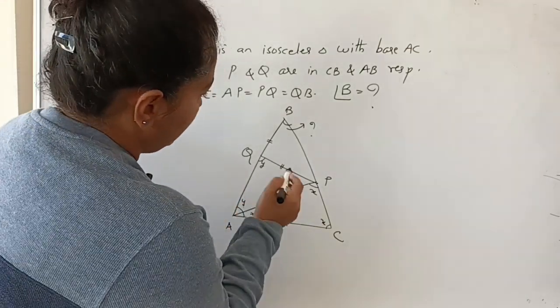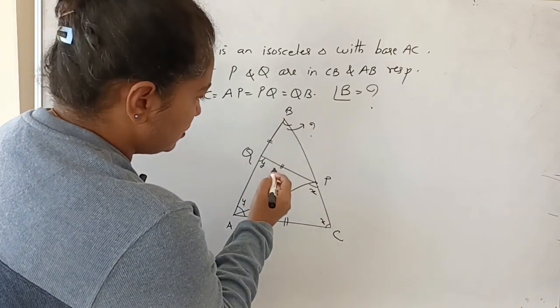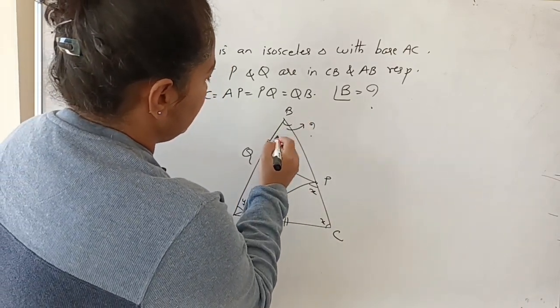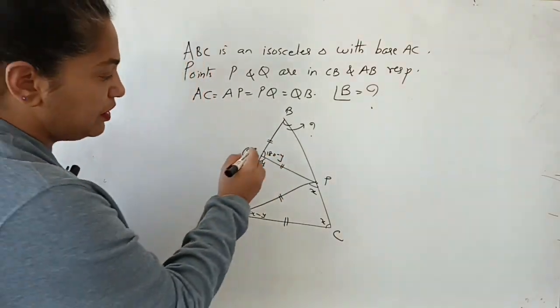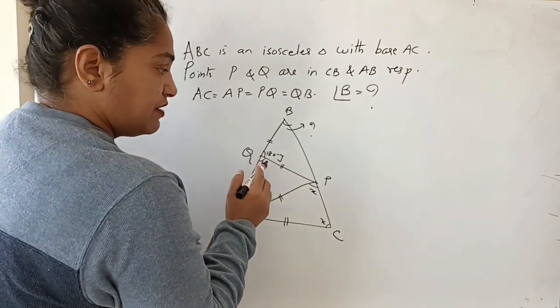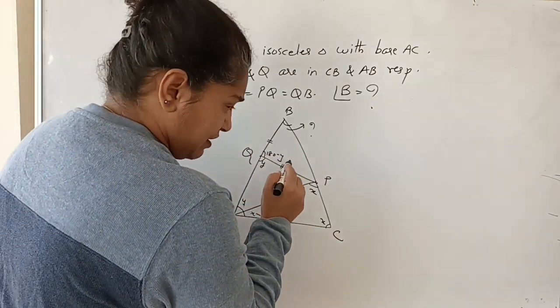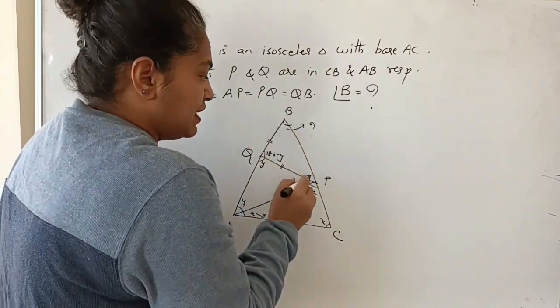Right? Now, this side QP is equal to QB. Correct? Now, this is 180 minus y, because this forms a linear pair, Q is a point on a straight line. Because this is an isosceles triangle, the remaining two angles are equally divided between here and here.